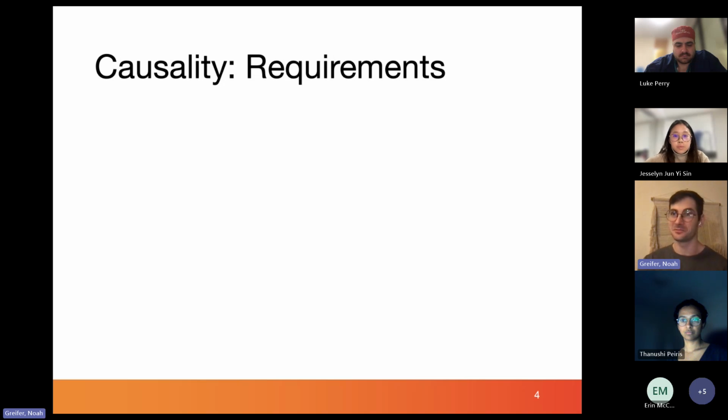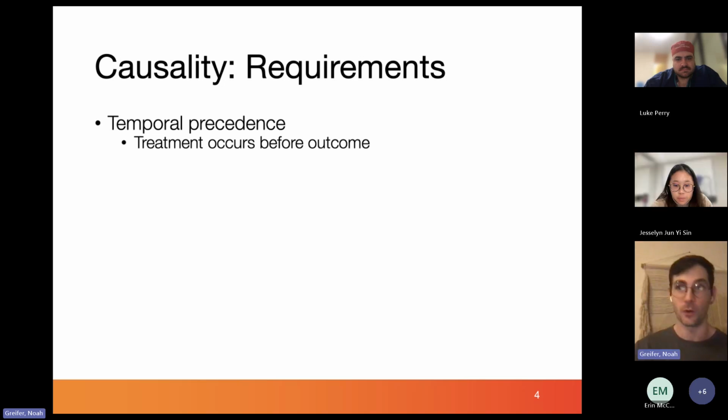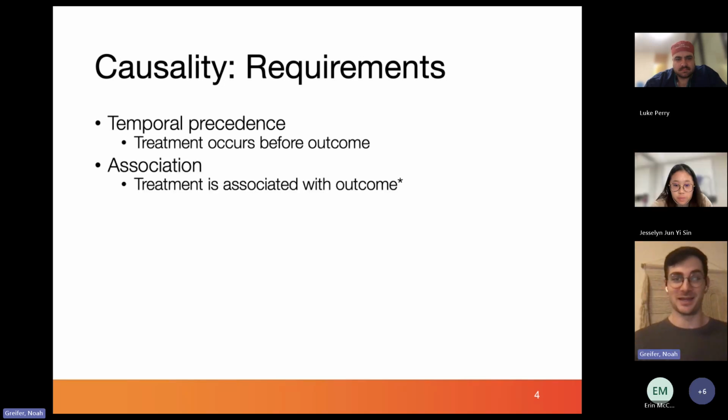So there are a few requirements to be able to make a causal inference, which is to say to establish that one thing causes another. First, we need temporal precedence, which is to say that the treatment occurs before the outcome. We need association, which is to say that the treatment is associated with the outcome.